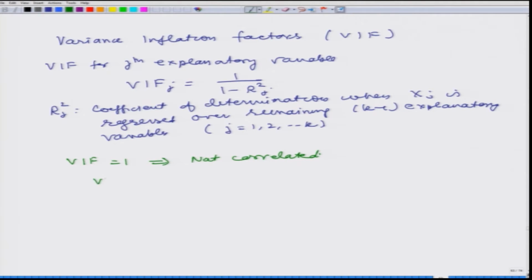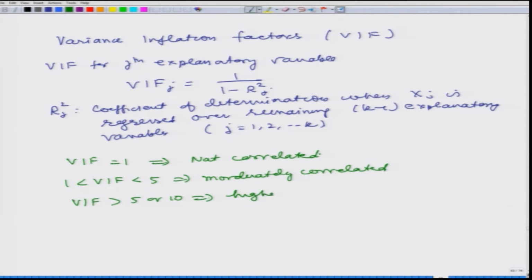If the value is between 1 and 5, this indicates that the variables are moderately correlated. And if the value is more than 5 or 10, this indicates that the explanatory variables are highly correlated.